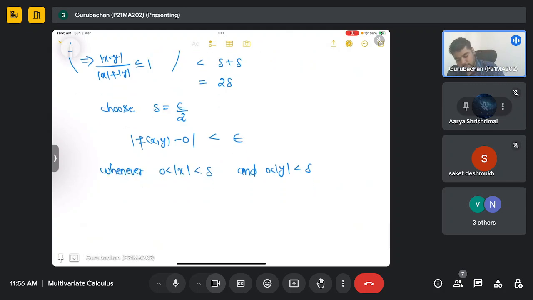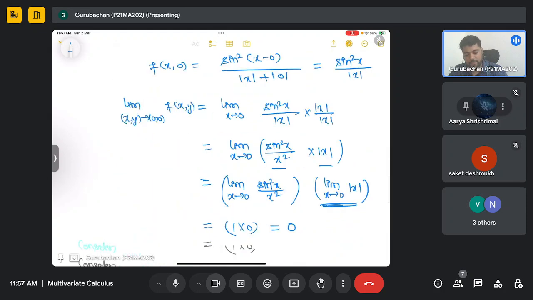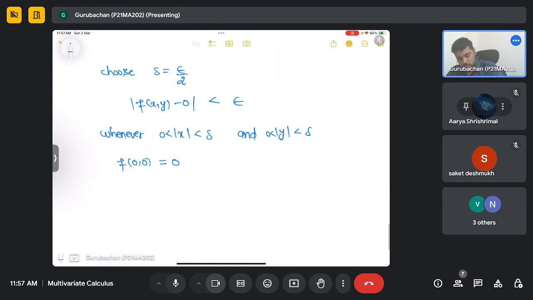Now what is the next task? To check f00 is well defined or existing. So f00 is nothing but 0. We have been given here 0. So that means our f00 is also existing. Now clearly the limit of f as (x, y) goes to (0, 0) is 0, and which is equal to f00.